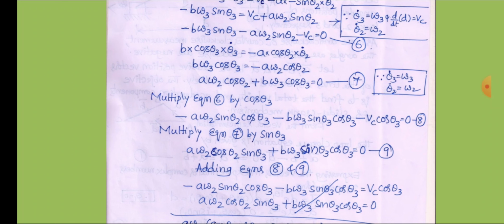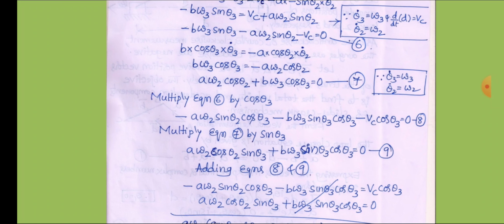In doing so, what is equation 6? Here, minus a omega 2 sin theta 2 into cos theta 3. Next, multiply the b omega 3 sin theta 3 with cos theta 3, minus b omega 3 sin theta 3 cos theta 3, minus vc into cos theta 3 is equal to 0 into anything is 0. Like that, multiply equation 6 with cos theta 3. Then you call it equation number 8.